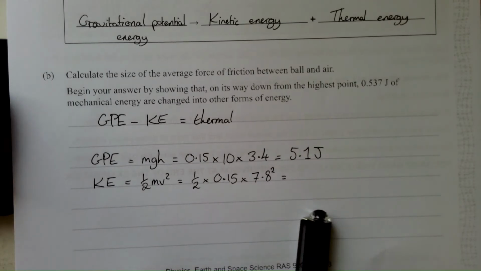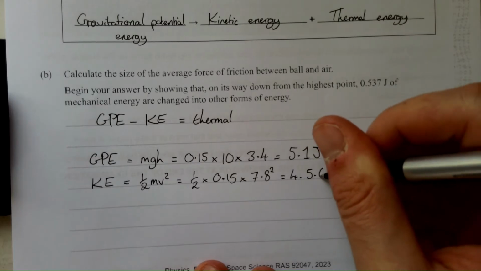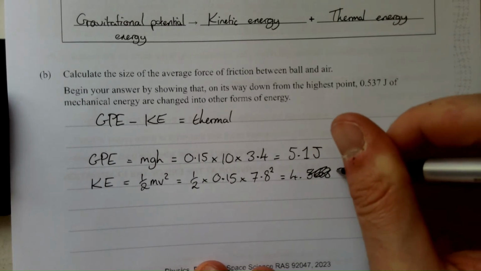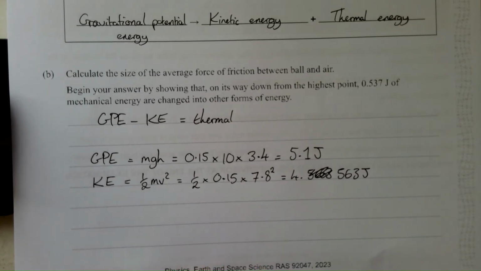So then we type this into a calculator, 0.5 times 0.15 times 7.8 squared, being careful that only the 7.8 is being squared. And you should get 4.563 joules of kinetic energy.